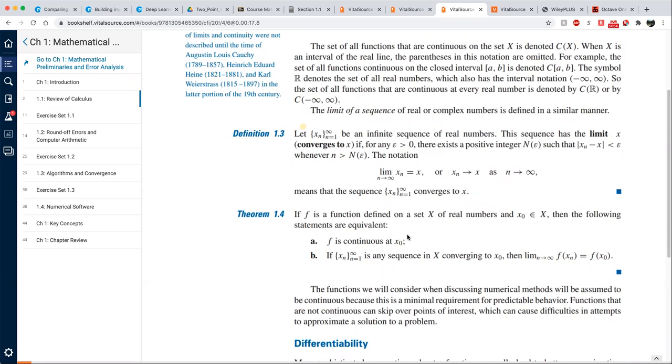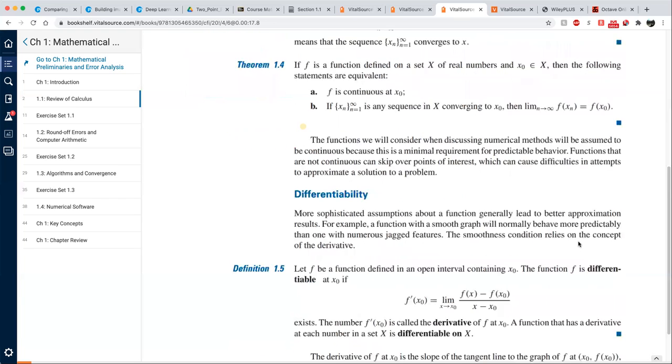F is continuous at x naught means that if the sequence {x_n} is any sequence in X converging to x naught, then the limit of f(x_n) equals f(x naught). So continuity at x naught means the function values of the sequence converge to the function value at x naught, which is the limit of the sequence.